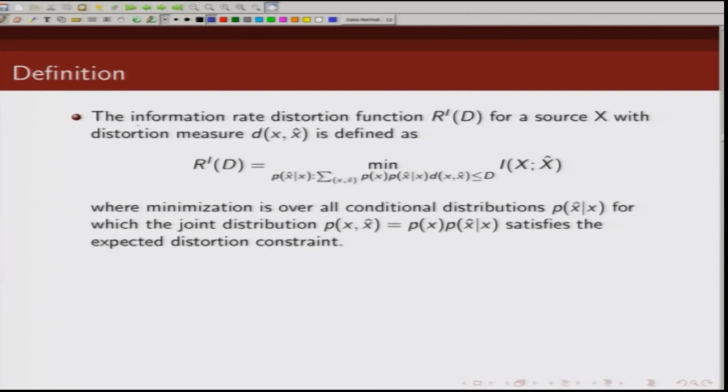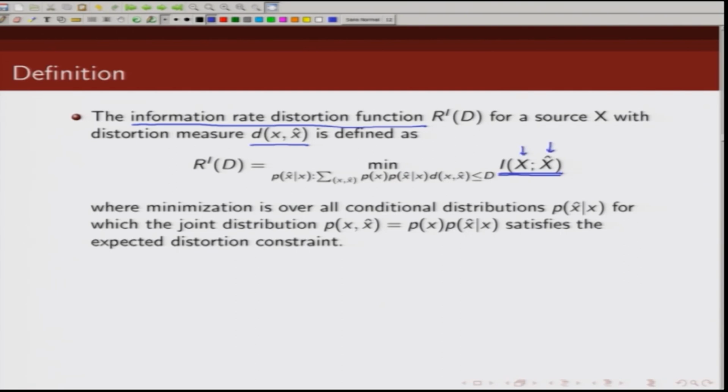Now we define the information rate distortion function for a source X with distortion measure given by d of x and x hat. We define the information rate distortion function as the minimum mutual information between the source alphabet X and the reproduced alphabet X hat.